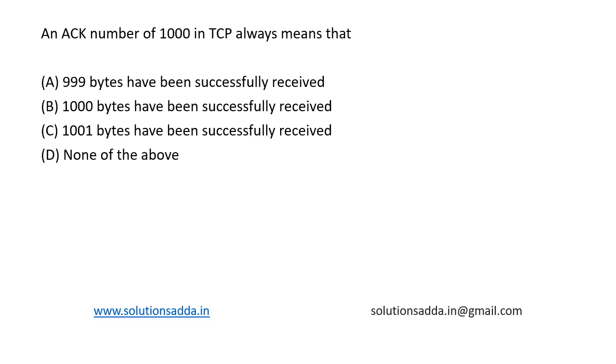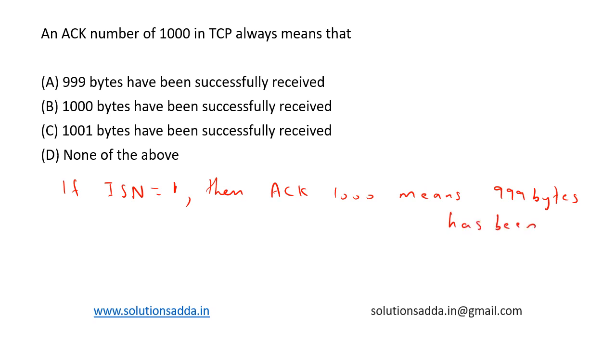So there can be two scenarios here. Since the initial sequence number is not mentioned, if the initial sequence number is equal to 1, then an ACK of 1000 means that 999 bytes have been delivered.